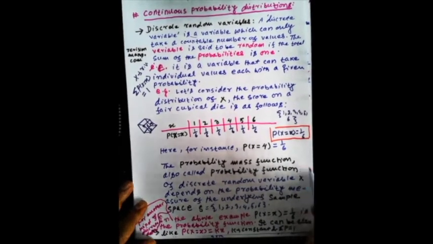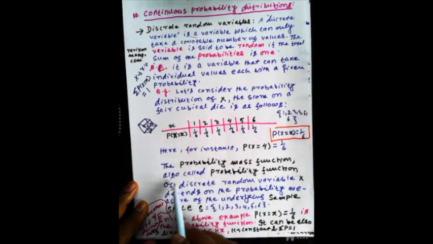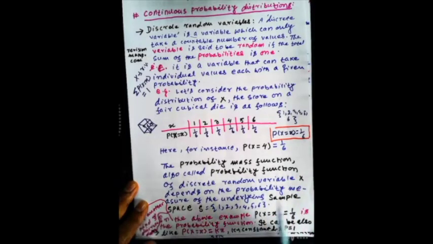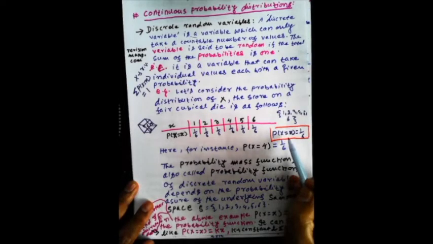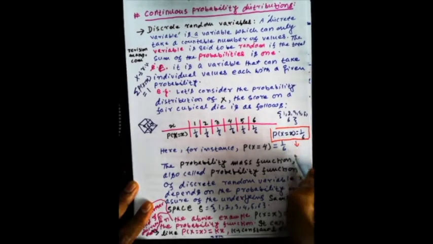This is also called the probability function of the discrete random variable X, and it depends on the probability measure of the underlying sample space 1, 2, 3, 4, 5, 6. You can say this is a kind of constant function, and a constant function is also a function. So here we are dealing with the probability function.